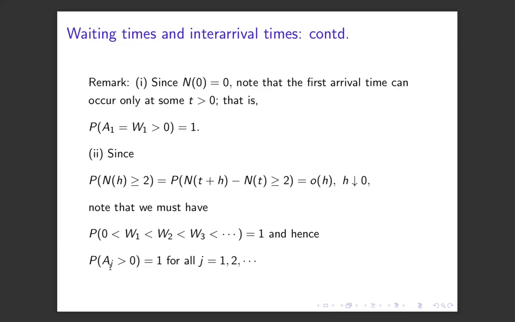Each A sub j, the inter-arrival time, is strictly greater than 0 with probability 1 for every j. Please note it.